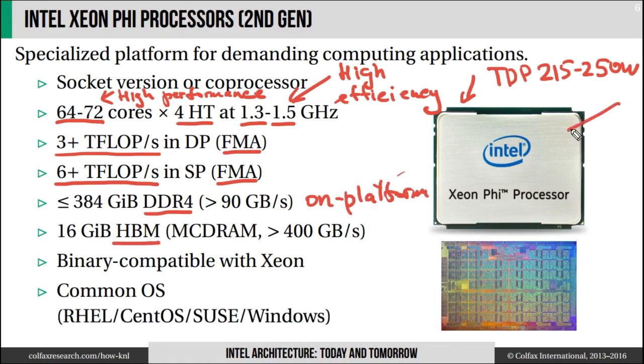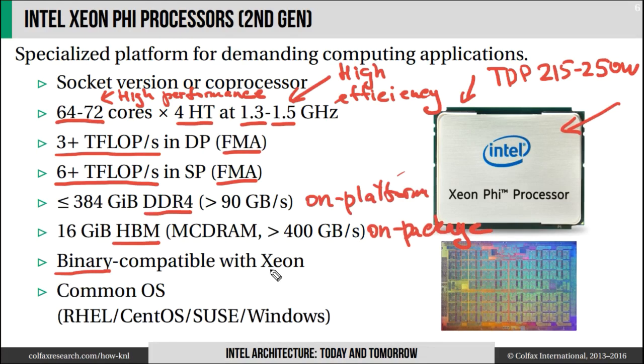It is fused directly on the chip, so you can call it on-package memory. And because it is based on a novel MCDRAM technology, it can deliver bandwidth in excess of 400 gigabytes per second.